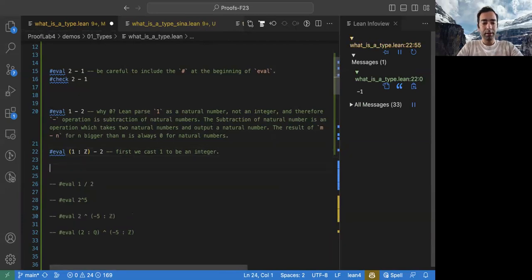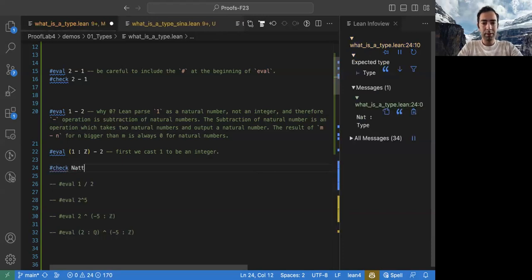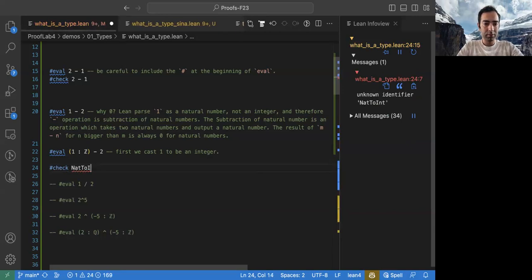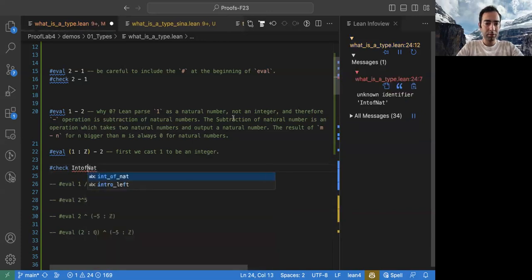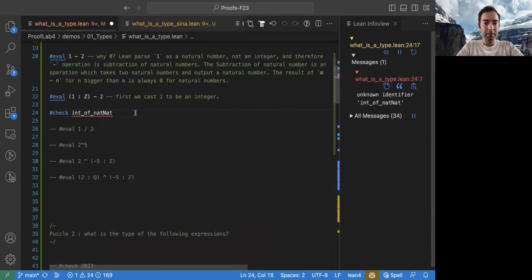And there is this casting behind the scenes. What's going on? Lean, I think, is using this thing, nat to int or something, maybe. No, there's no such thing. Maybe int of nat. I'm sure there is such a thing.